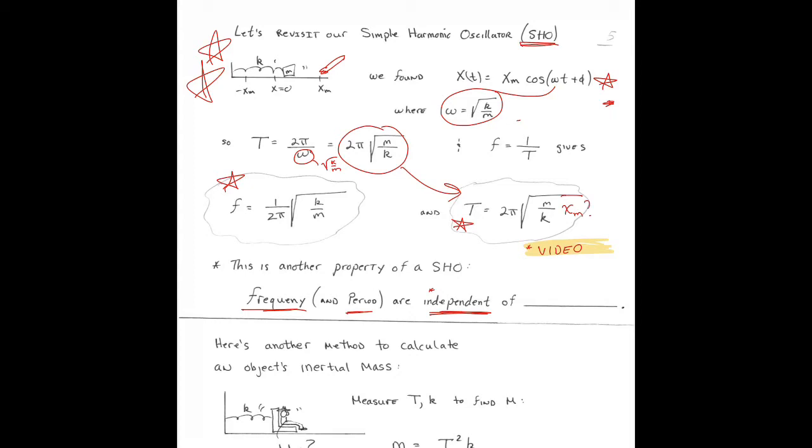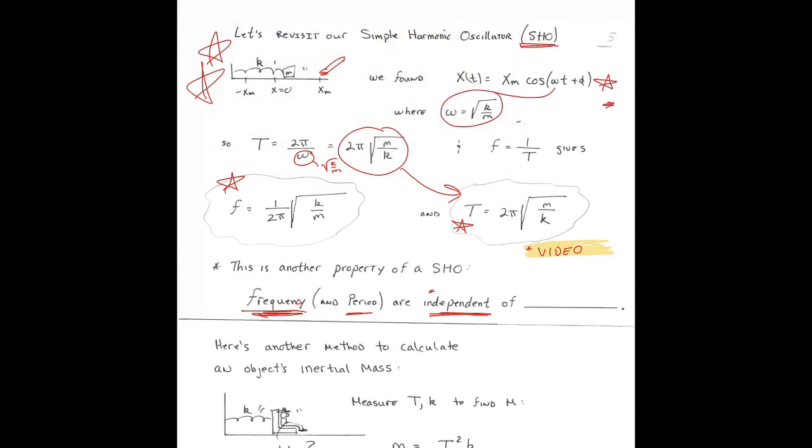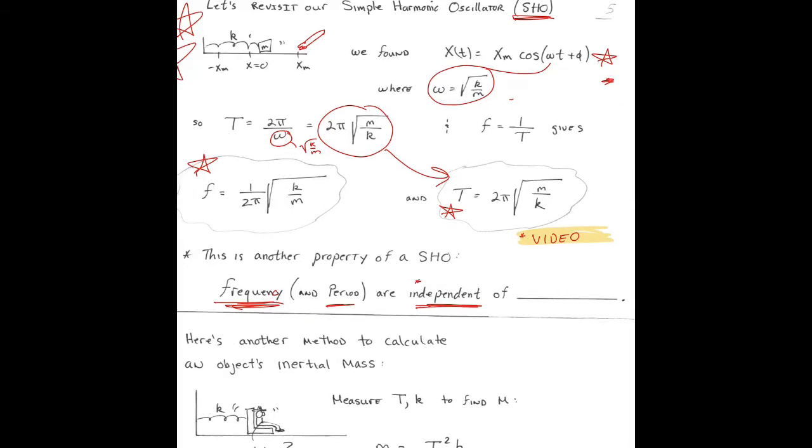Maybe the amplitude. Yeah, the amplitude doesn't show up in the expression for the period, and it's not obvious that that would happen. So we find that the frequency and the period are independent of the amplitude. Whoops, there's a C right there, we'll fix that.